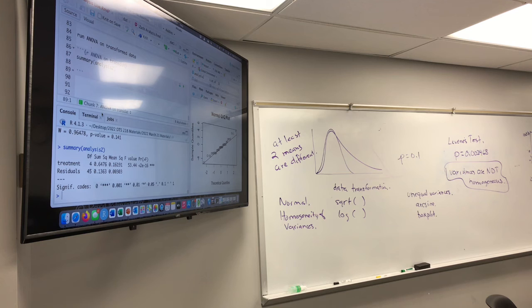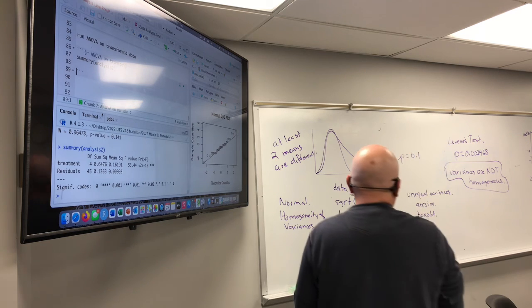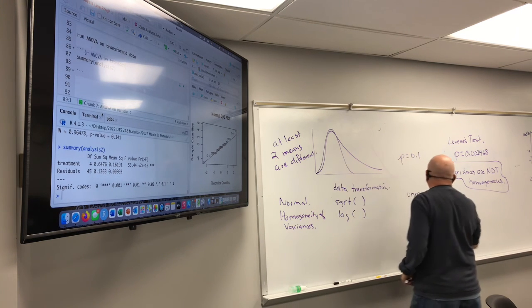Do we know which 2 means are different? No, we don't. Would it be nice to see what the data look like in this new transformed way? Yes, it would. If we're going to make a graphic of this, what's the first step that we need to take? What do we normally want to try graphing?